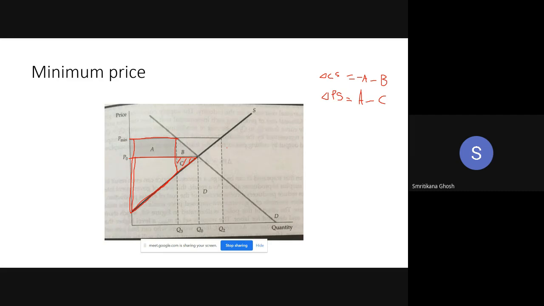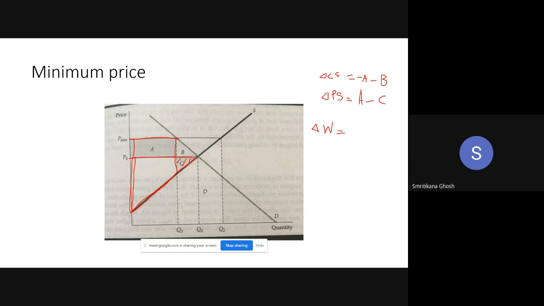So because of these changes, how is social welfare affected? Okay, so to do that, we have to see, where is my pen? This is the change of social welfare.